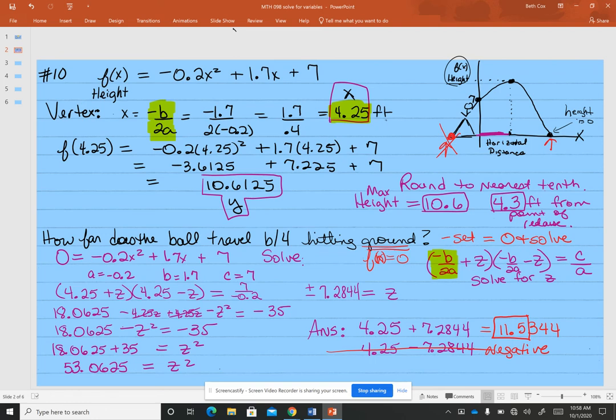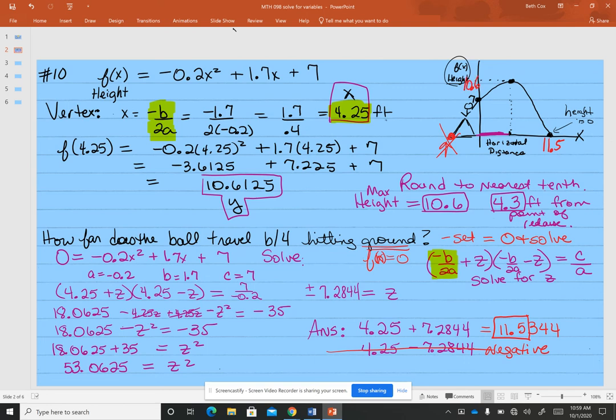All right, 11.5. So now let's look at our picture because it also asks for you to do a picture. So let's go back to our little picture here. And this is 11.5 right here. We just calculated that. The maximum height is 10.6.